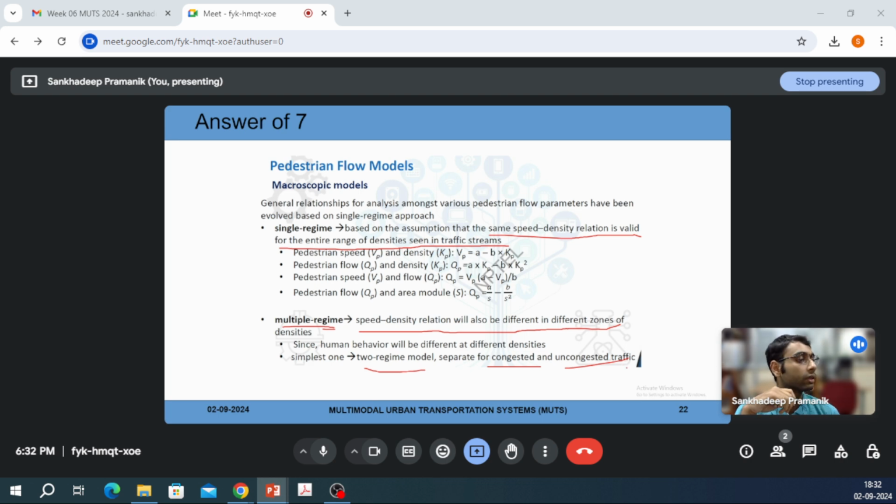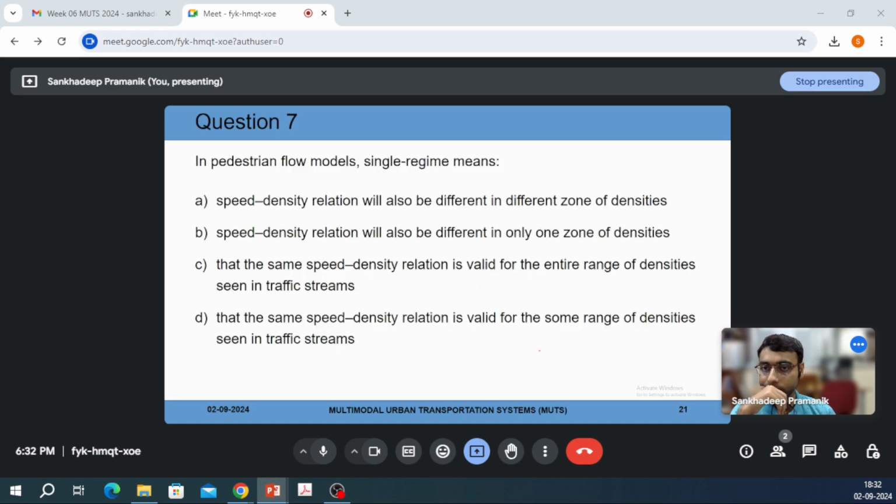In uncongested cases the density is less, and in congested cases the density is more, so the speed obviously will be different. But for single regime the speed density relation is valid for the entire range of densities seen in traffic streams. So option C in this case will be the correct one.